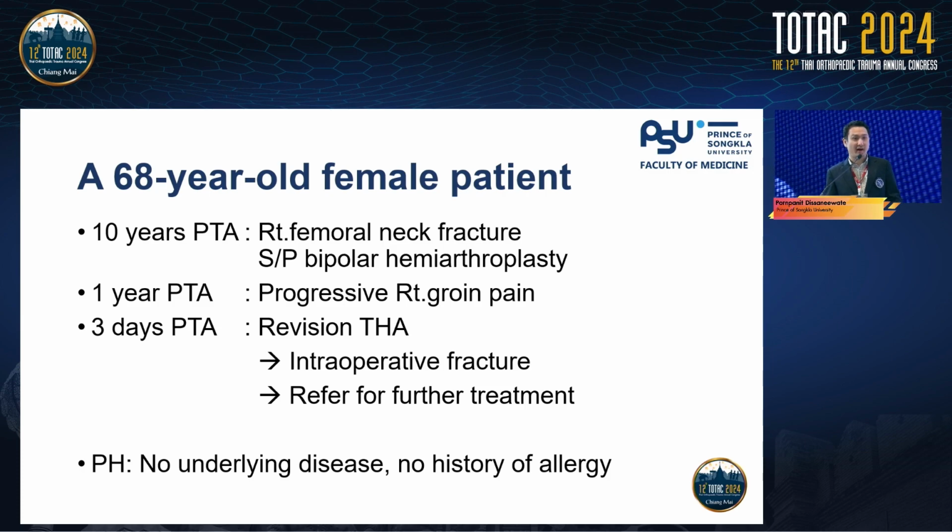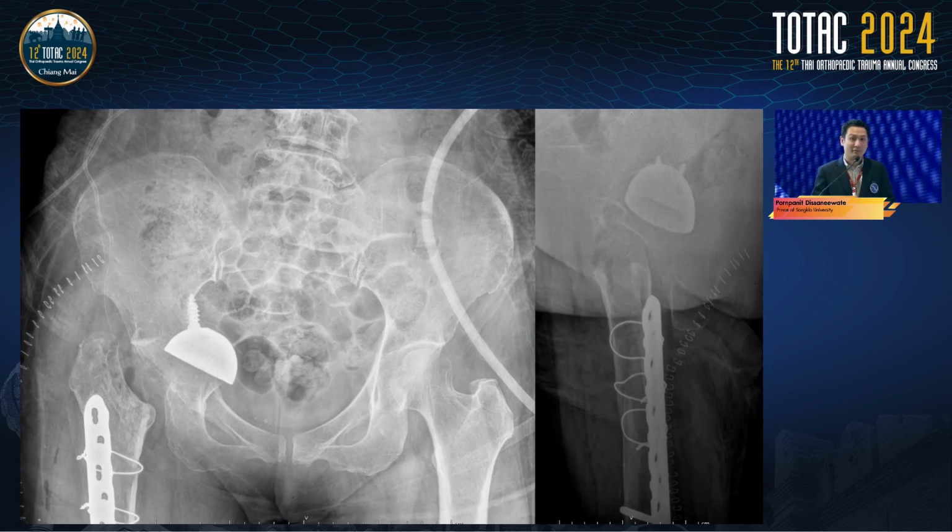However, there were problems intraoperatively, and the doctor decided to send the patient to me. The patient has no underlying disease and no history of allergy. This is the X-ray when I first saw the patient.